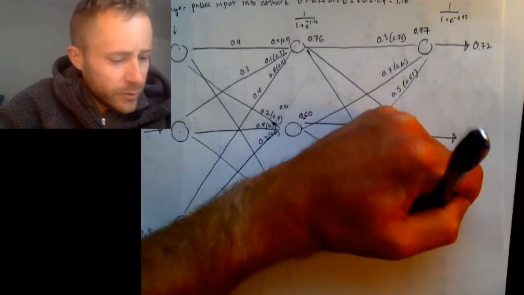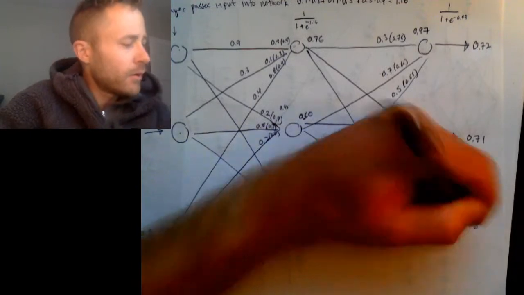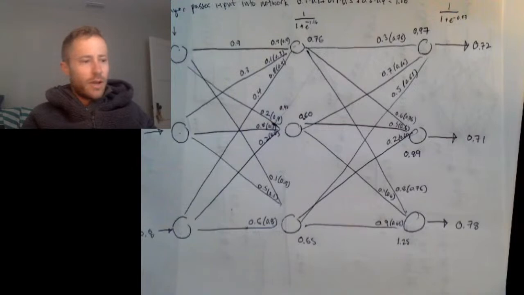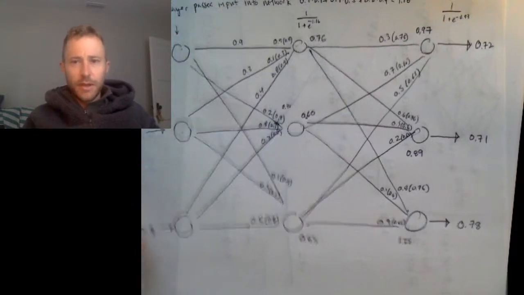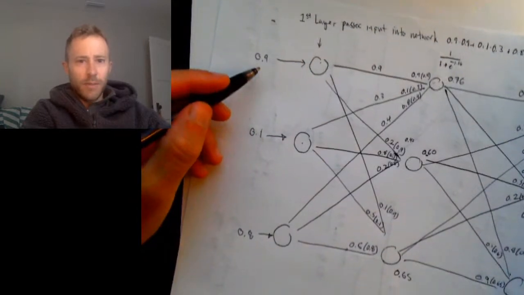And this one is 0.78. All right, so what I've just shown you is how an input signal is converted by a neural network to an output signal.